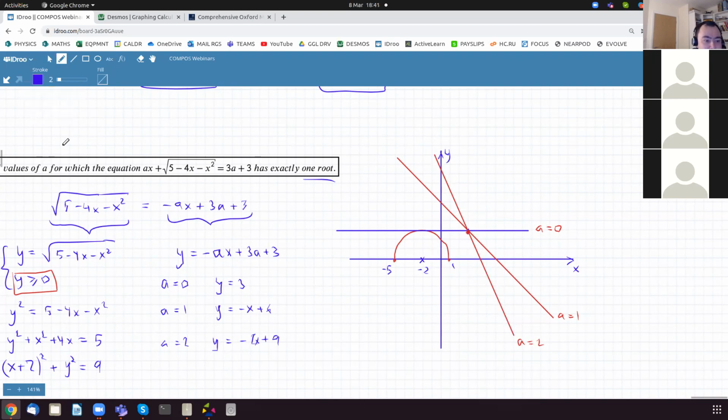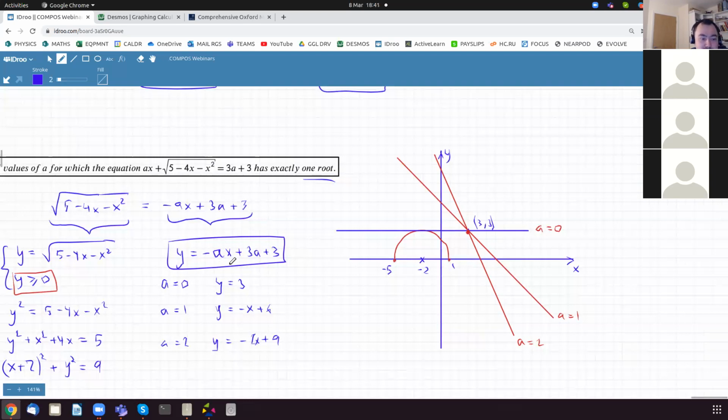So this line for different values of A always goes through this point, 3, 3, and A is the negative gradient of that line. Is that clear? Do you see that?